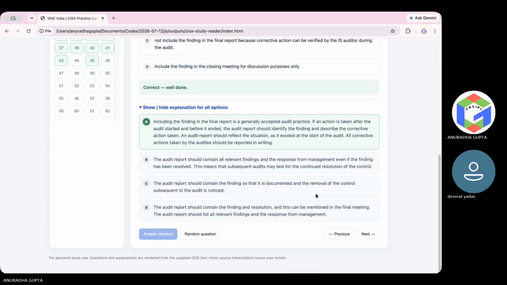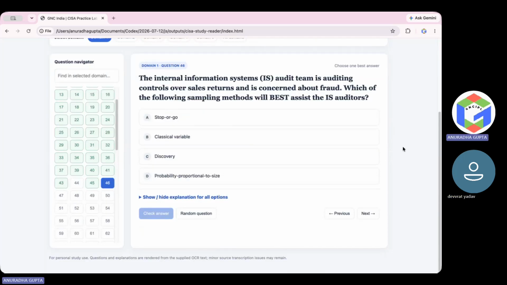Okay. This is a very standard question. What is this? The internal security audit team is auditing controls over sales return, concerned about fraud.